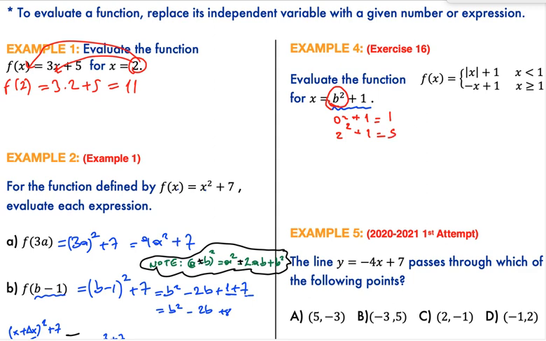If you have a negative number, like negative 2 squared plus 1, it is also a positive number, 5. So no matter what number you try here, the x value is always greater than or equal to 1.